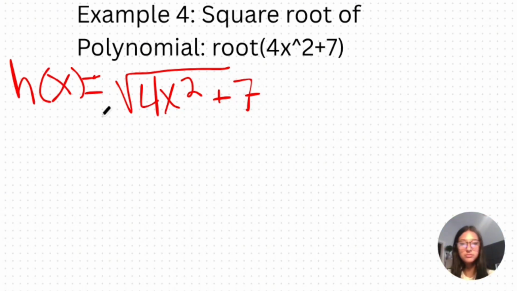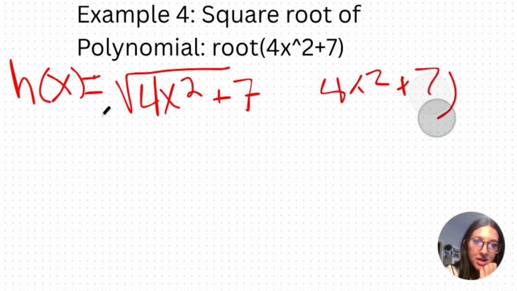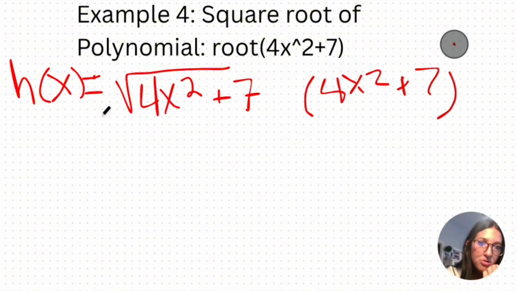Okay. So we need to identify an outside and an inside function. With a root function, this whole thing can be written as 4x squared plus 7 to the power of 1/2, right?